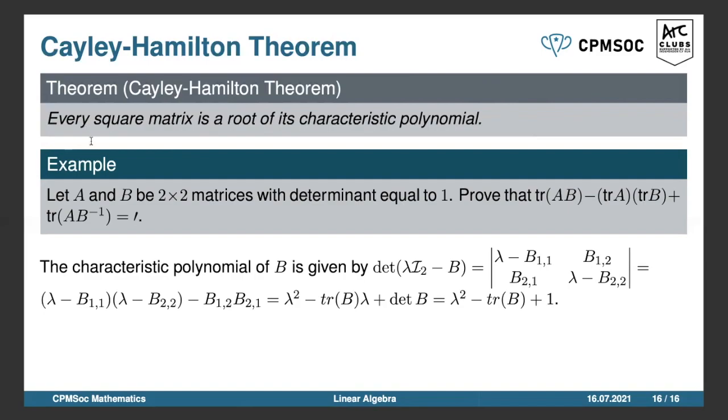So if we think about the characteristic polynomial of B, which is what we're going to need if we're going to apply this Cayley-Hamilton theorem, let's expand this out. We're going to have this 2 by 2 matrix, and on each of the diagonal entries, we're going to have lambda minus that. And these here should be negative entries.